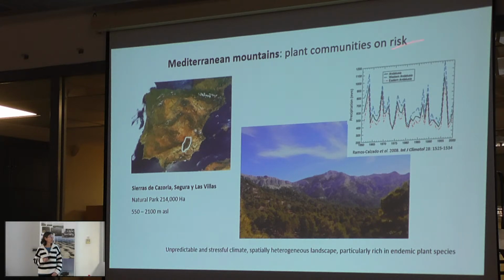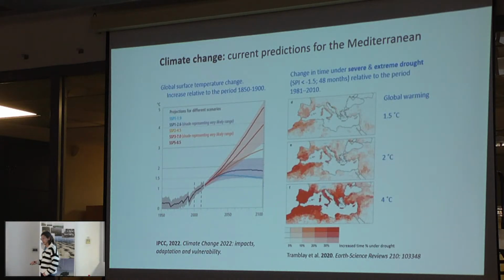And here, more or less you know where we are, but the precipitation is very variable along the season and across years. That's a characteristic of the Mediterranean environment. And I said that the communities in this area are at risk because we are aware that climate change is increasing temperature in the last decade.